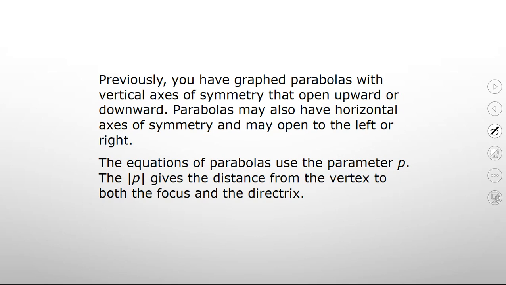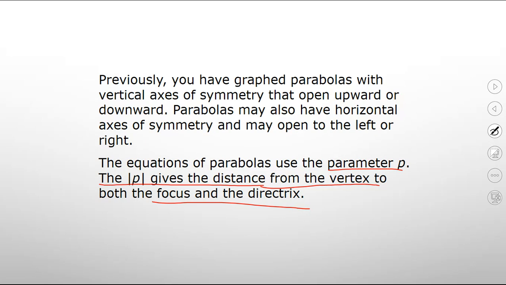We're only going to introduce one new feature to those equations, okay? And that feature is going to be called P. P is going to be a parameter that we use that discusses the distance from the vertex to the focus and the directrix. So we already mentioned that the focus and directrix are an equal distance from any point on our parabola, including the vertex.